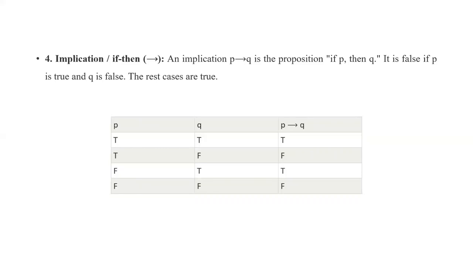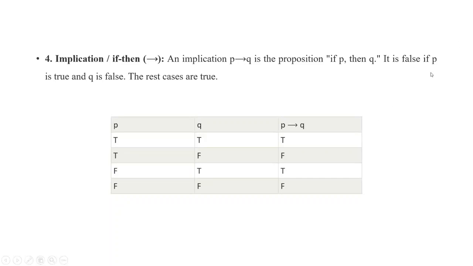Next, implication. This is called if-then. An implication is the proposition: if P then Q. It is false if P is true and Q is false; the rest of the cases are true.